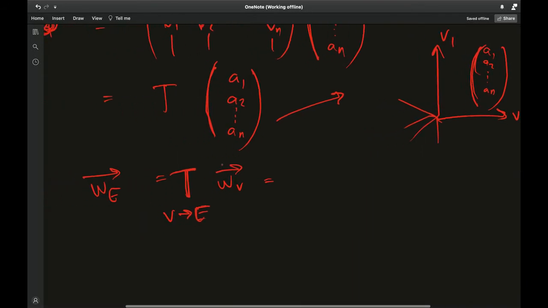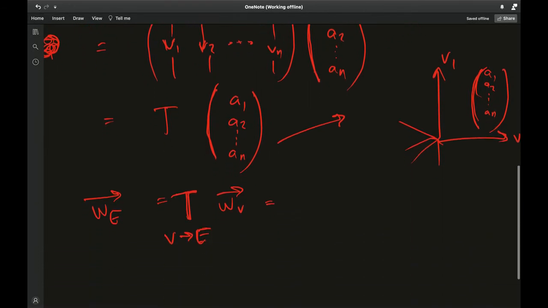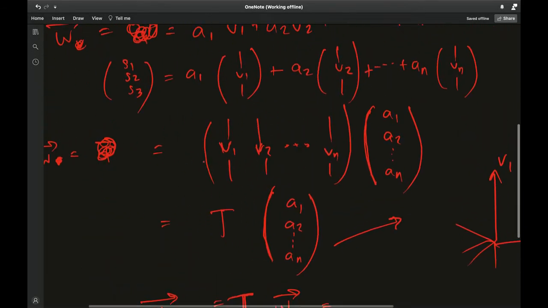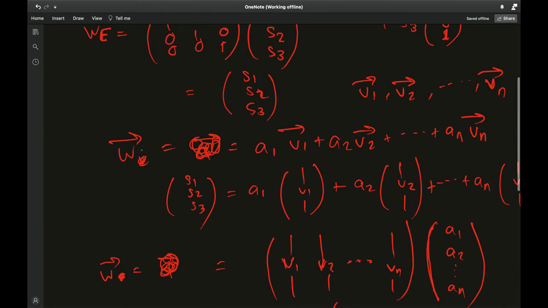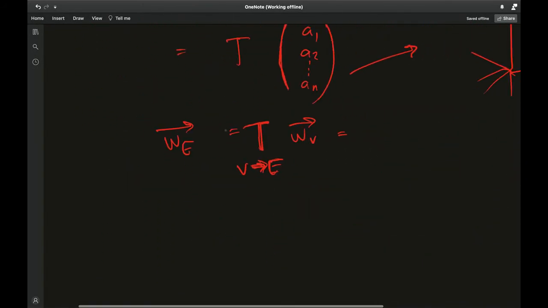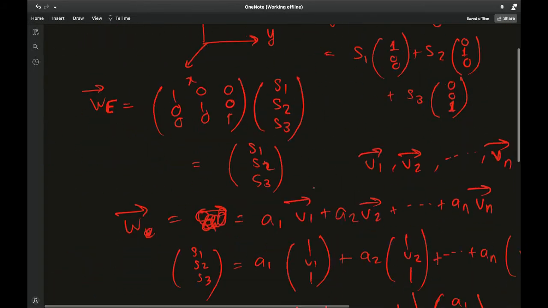If you apply the matrix which has the basis vectors on the columns to this point, it transforms you from V to E, because that's what we set our equation equal to originally, the W expressed in the standard basis. I hope I'm clear on this part.